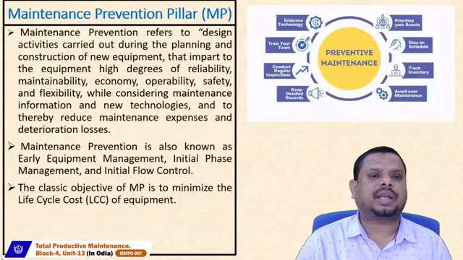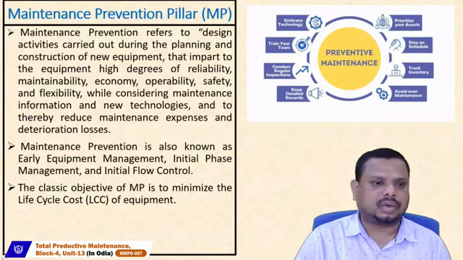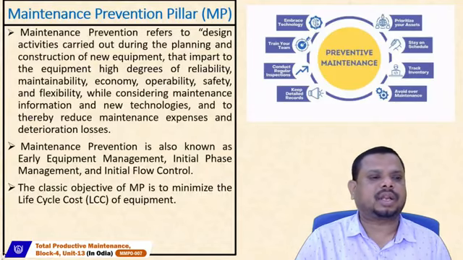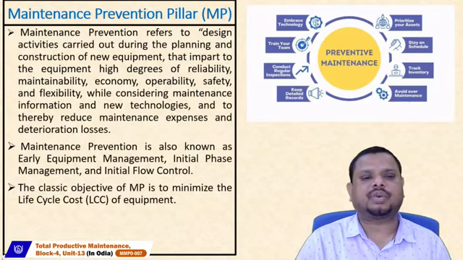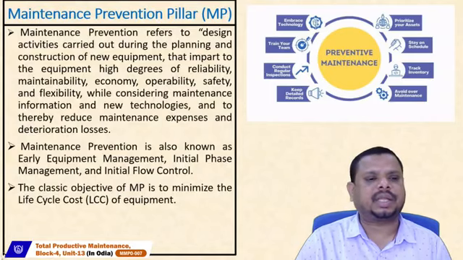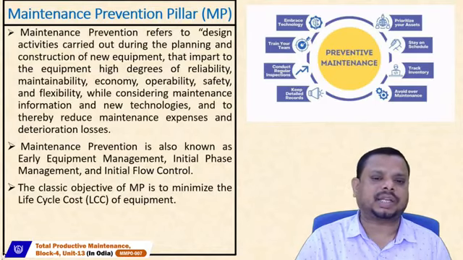The next one we have is the maintenance prevention pillar. Maintenance prevention refers to the design carried out during the planning and construction of new equipment that imparts to equipment a high degree of reliability, that means performance, maintainability, economy, operability, safety, and flexibility, while considering the maintenance information and new technologies, to thereby reduce the maintenance expenses and deterioration losses.